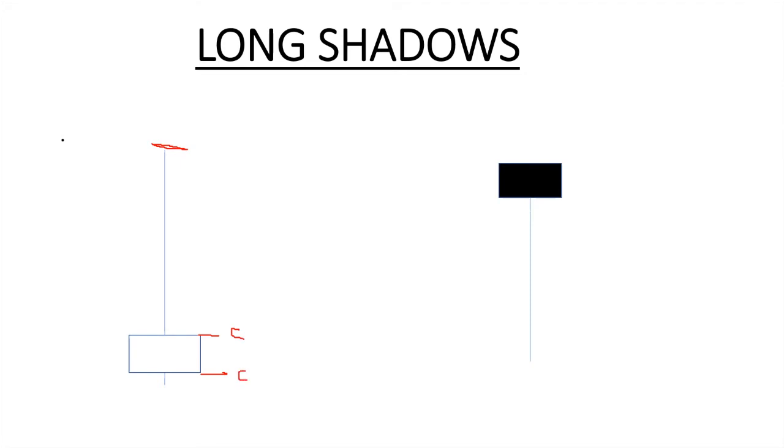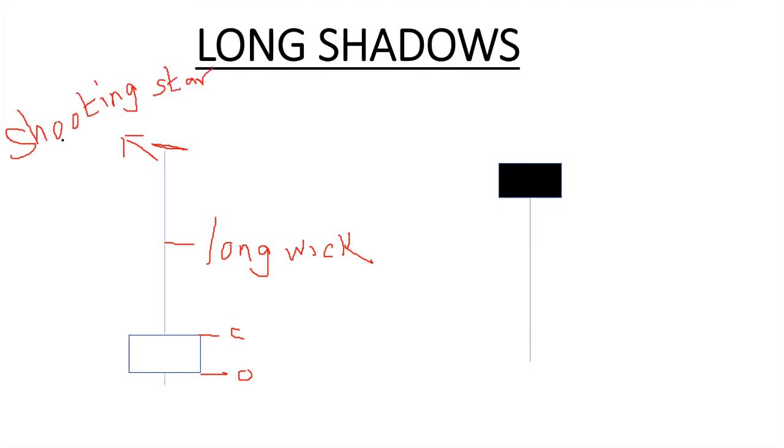This is the open level. It means buyers dominated during trading, and later sellers forced the price down from the high. This is the long wick, and this pattern formation is called the shooting star. Don't forget, the shooting star is always located at the top of the charts.